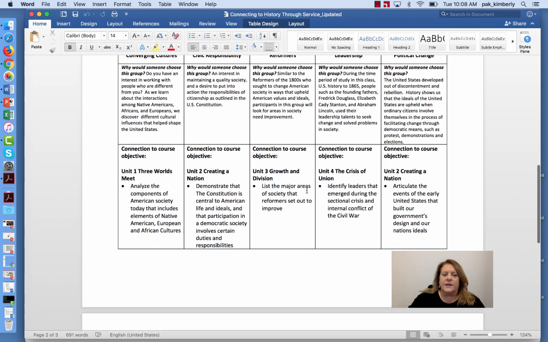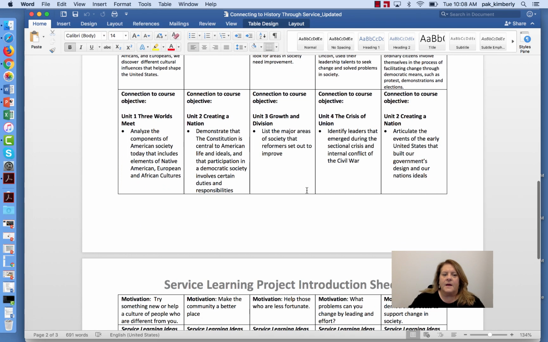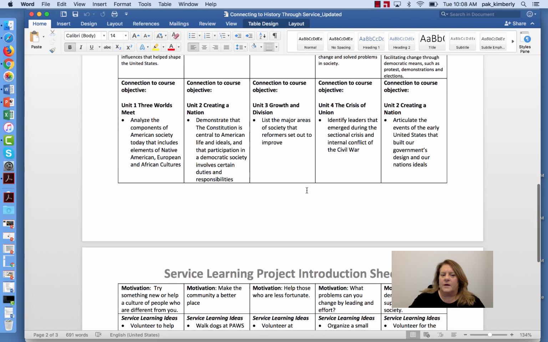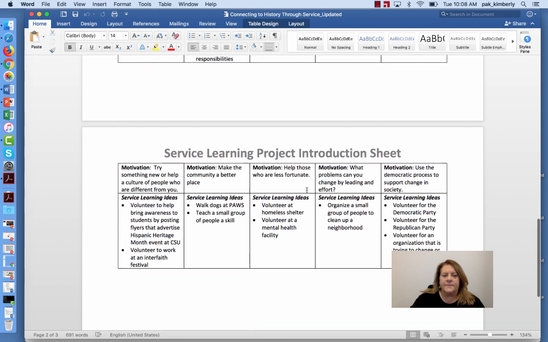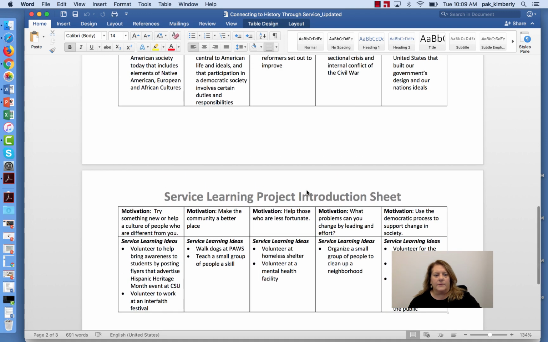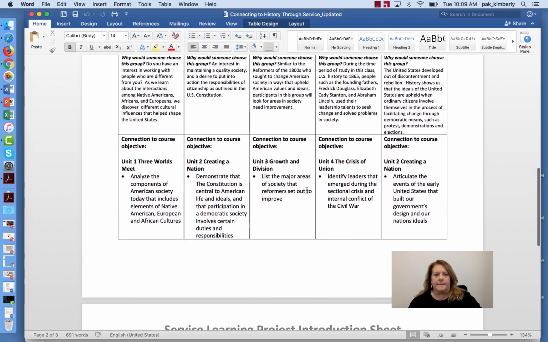And so this is going to relate sort of to our second unit, where we just try to make our society, our community, a better place. The service learning ideas here could be something like walking dogs at PAWS, helping out at the Boys and Girls Club, some other organization that you may be a part of already that you want to use for this project, okay?